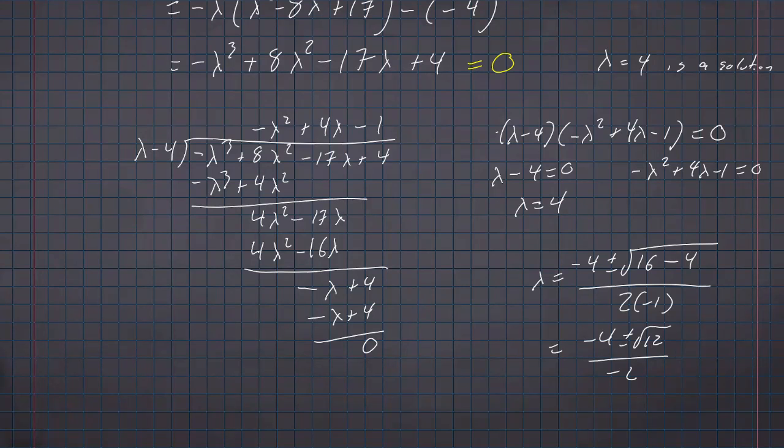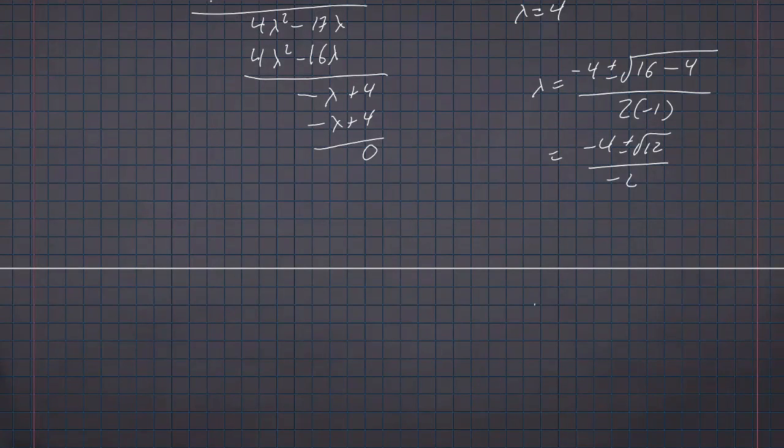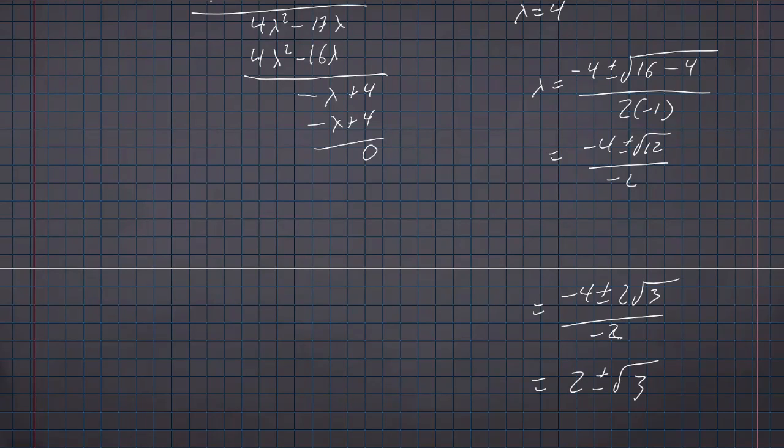Notice that we can reduce this square root and then divide term by term. Negative 2 divided by negative 2 is negative 1, but we're dealing with plus or minus anyway, so that doesn't change anything.